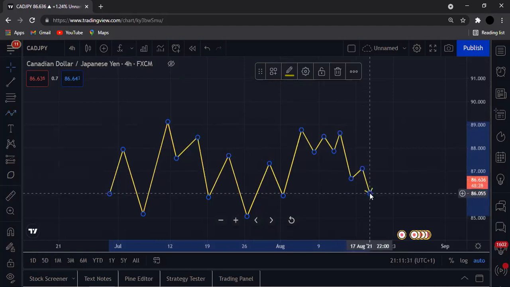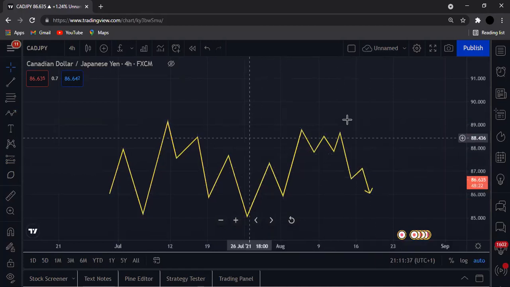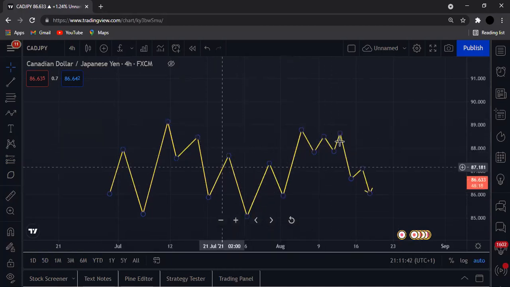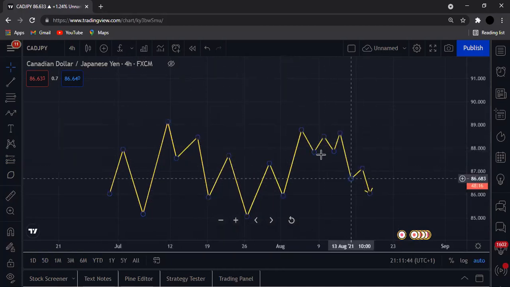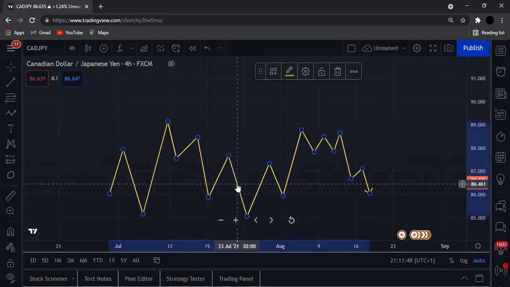You can see this has no specific direction. So this is still a choppy trend. You can't say whether it is going high or low. So it has no specific direction.